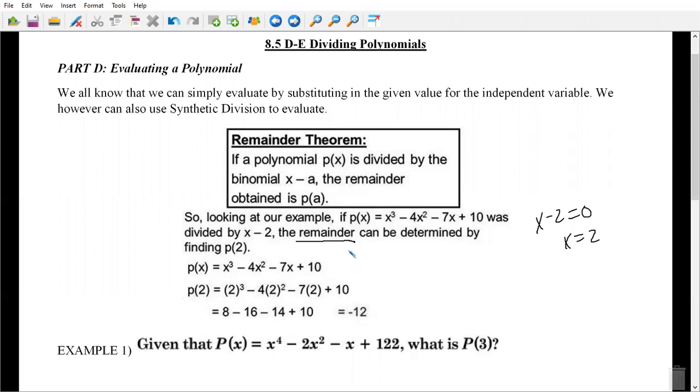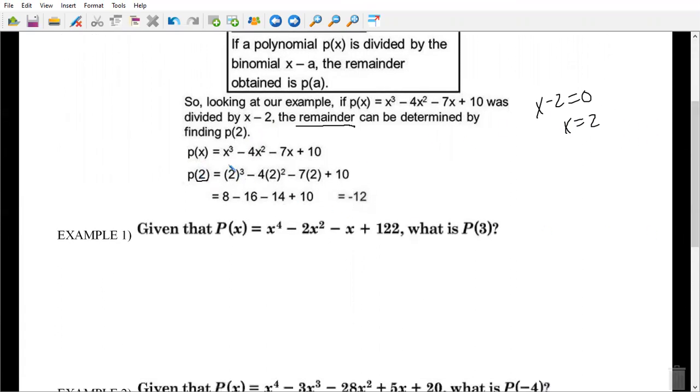I would plug that value into the polynomial and evaluate just like a normal situation. Plug in 2, 2 cubed is 8, plug in 2, 4 times negative 4 is negative 16, plug in 2, get 14, bring down the 10, add, subtract, and I get boom. So this would be the value of my remainder.